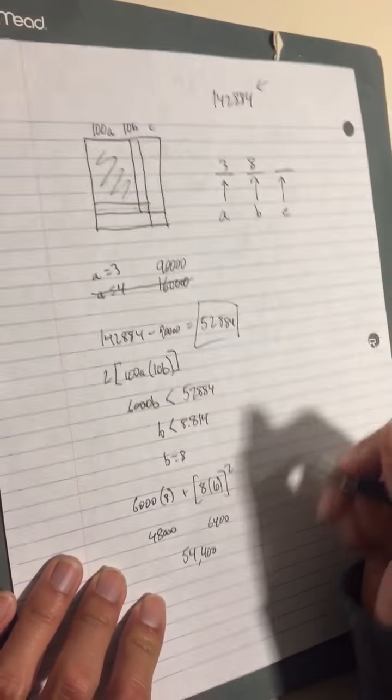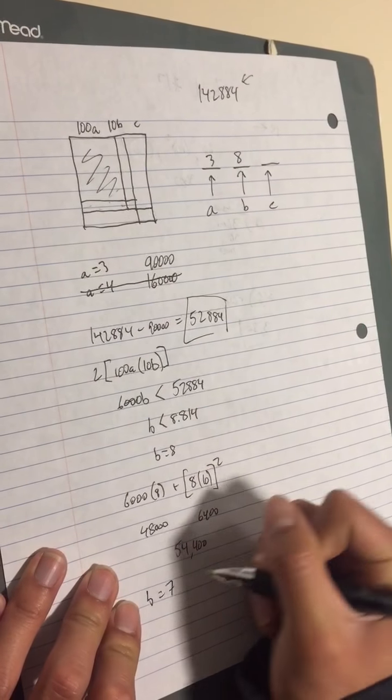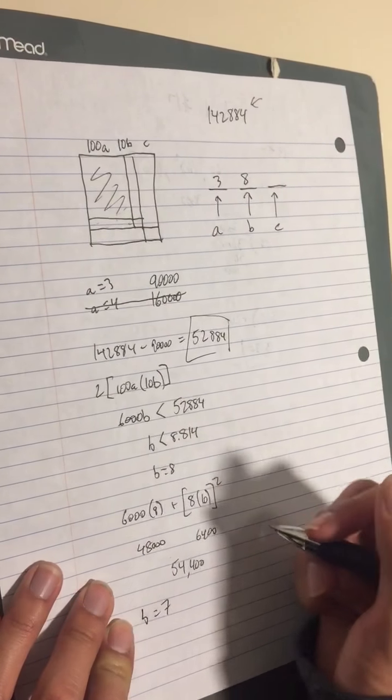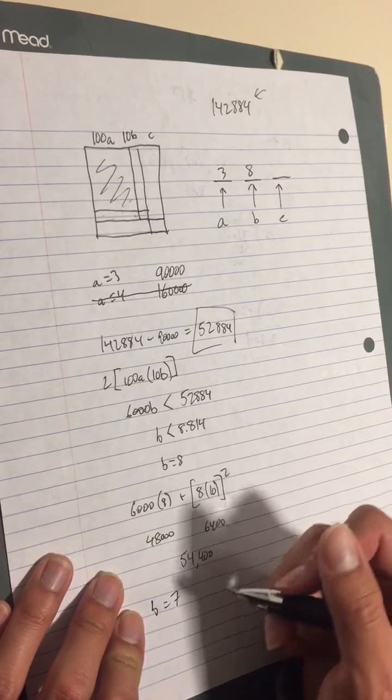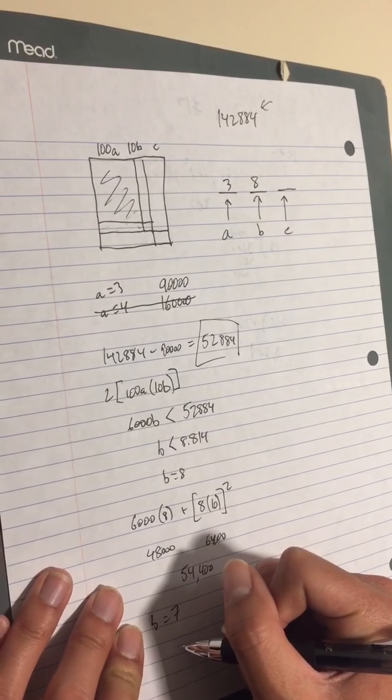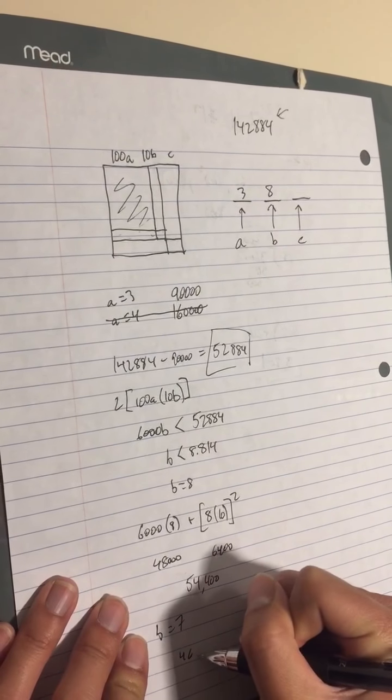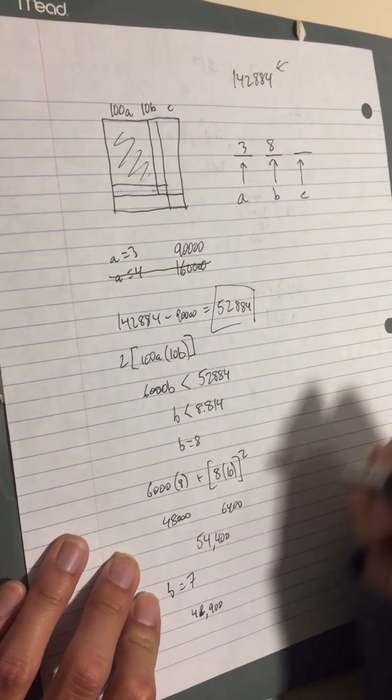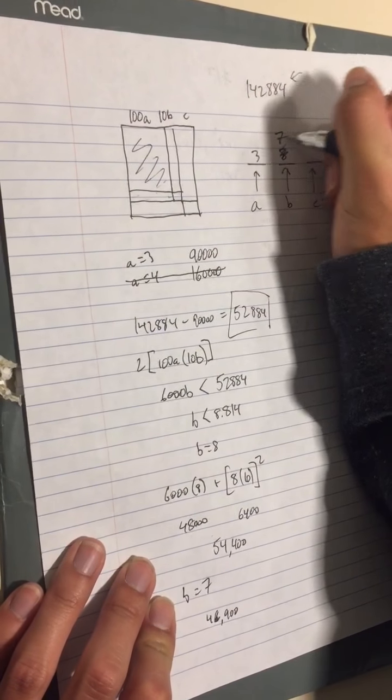So B is not our answer. We're going to try B equals 7. I'm going to plug in for you to save time. It's 42,000 plus 4,900. That's 46,900, which is less than our large gnomon. So B is actually, in fact, not 8 but 7.